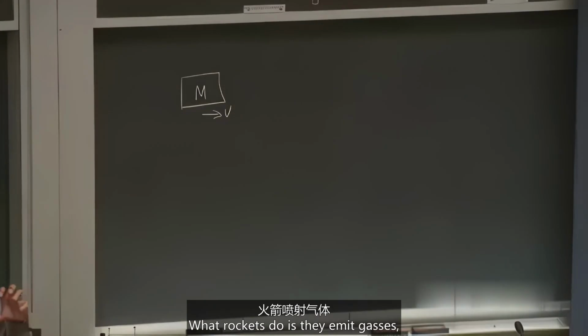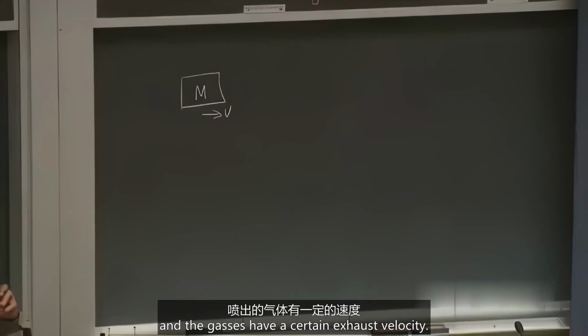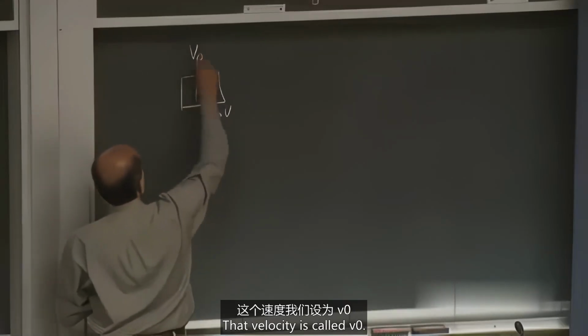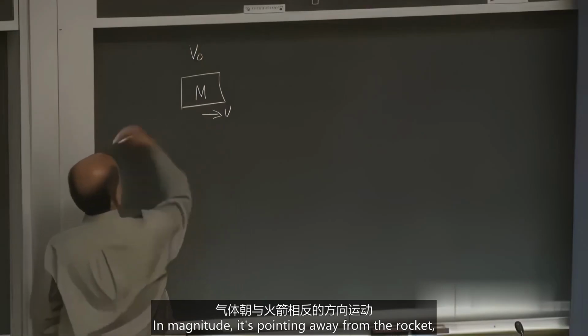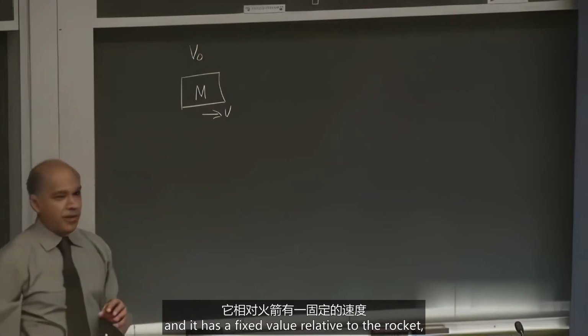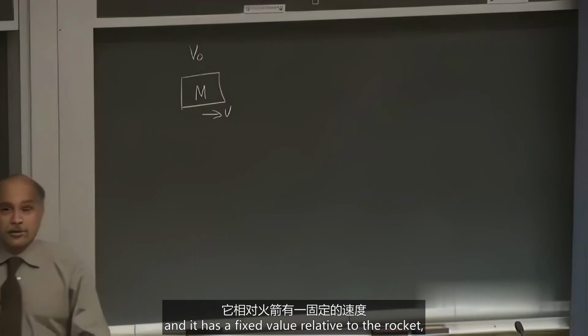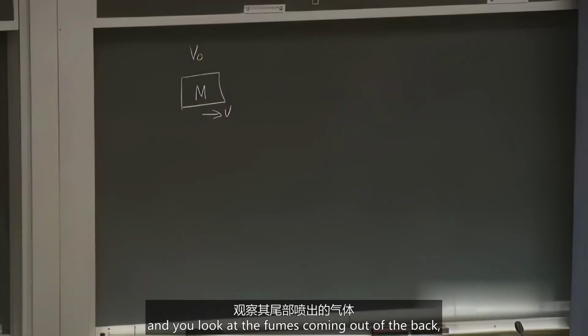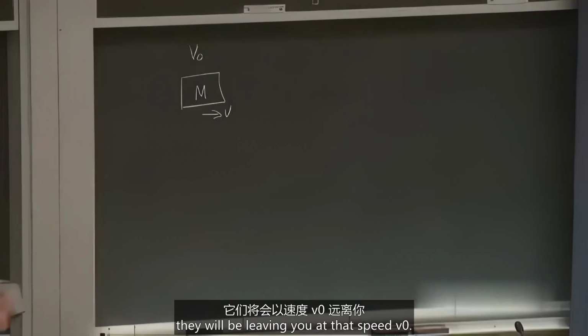What rockets do is they emit gases, and the gases have a certain exhaust velocity. That velocity is called v0. In magnitude, it's pointing away from the rocket, and it has a fixed value relative to the rocket, not relative to the ground. If you're riding with the rocket, and you look at the fumes coming out of the back, they will be leaving you at that speed v0.